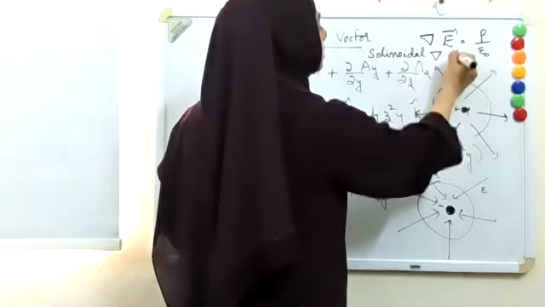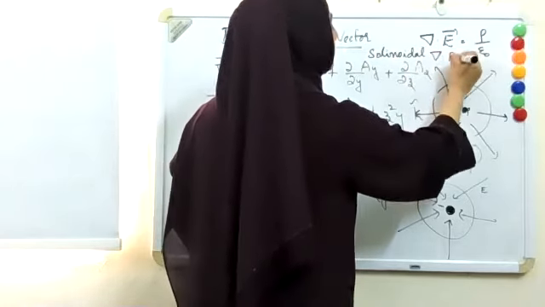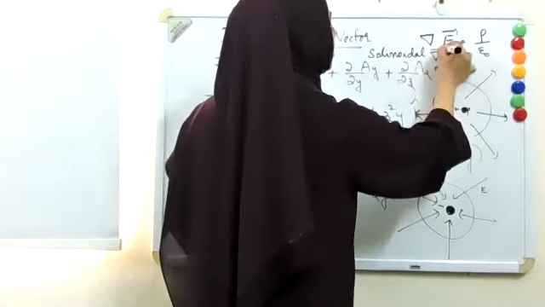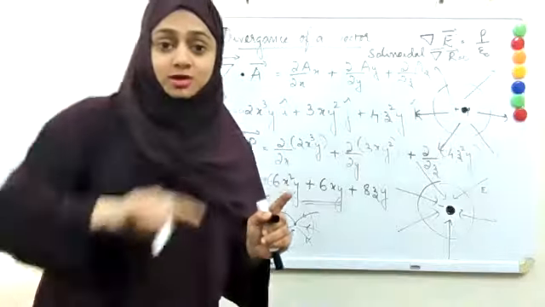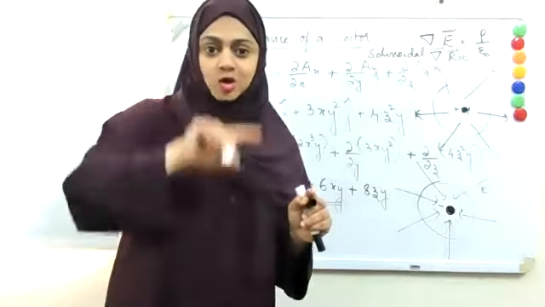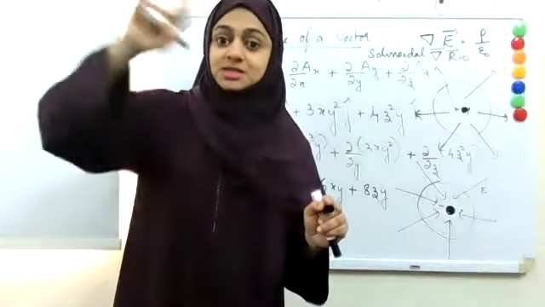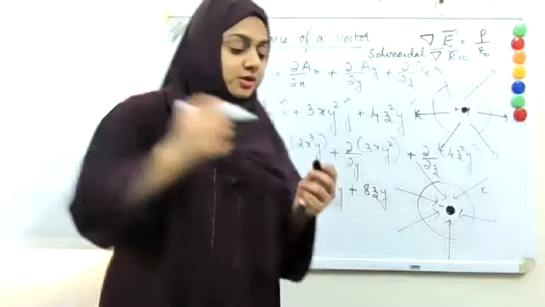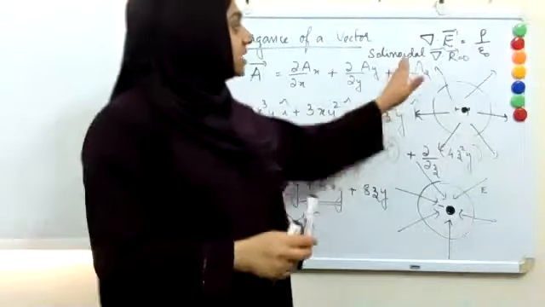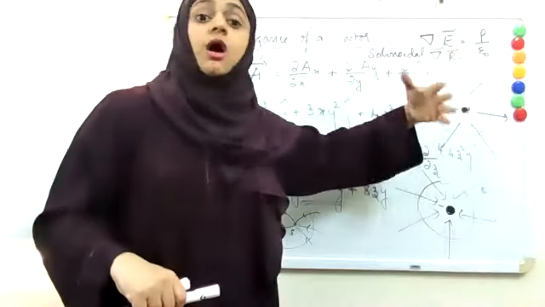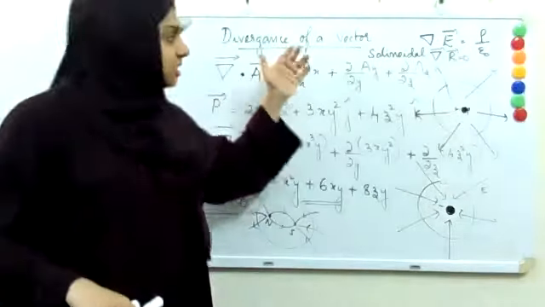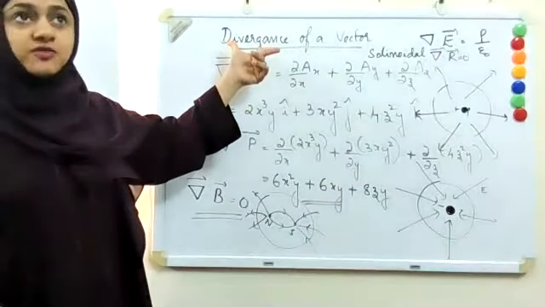Suppose del dot R is equal to 0, then we can say that R is solenoidal. Remember, in a solenoid, the field will be circular, right? So solenoidal means its divergence is 0. Nothing is going out. Is that clear what is meant by divergence of a vector?